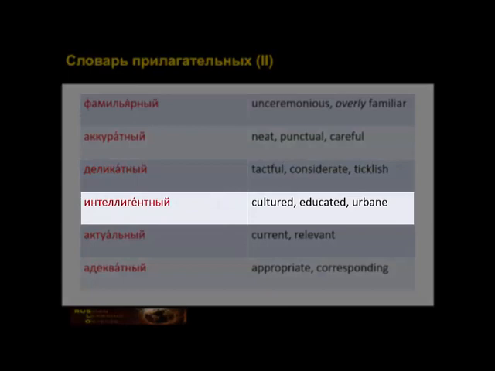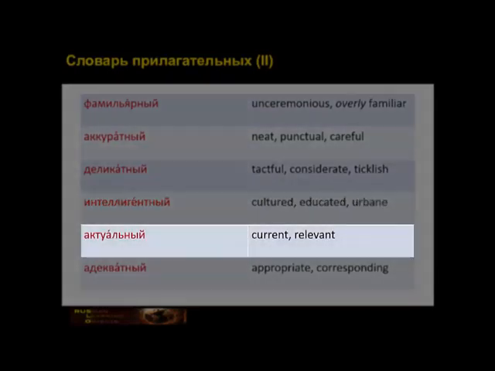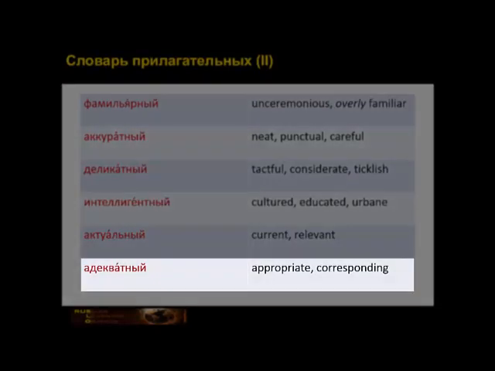Intelligentny refers to cultured, educated, or urbane rather than smart. Aktualny means current or relevant, so when a Russian says aktualna, they don't mean actually. Adekvatny in Russian focuses more on the positive than the English adequate. It means appropriate or corresponding to a given standard.